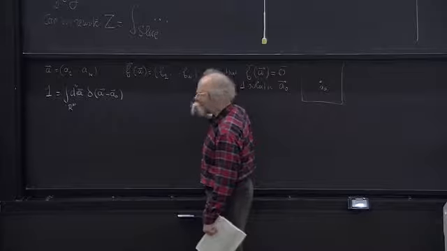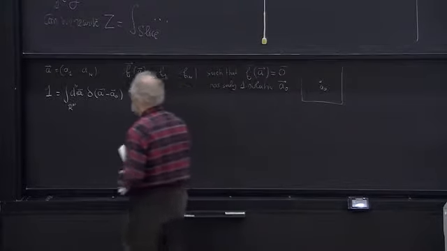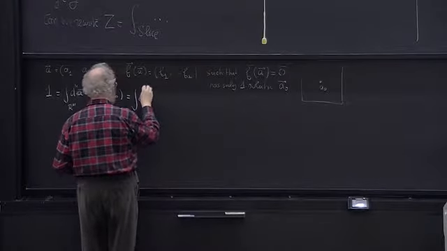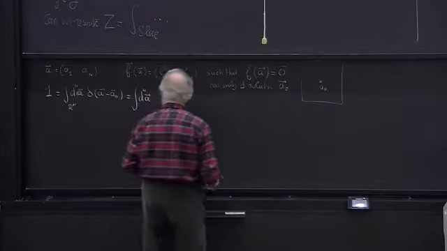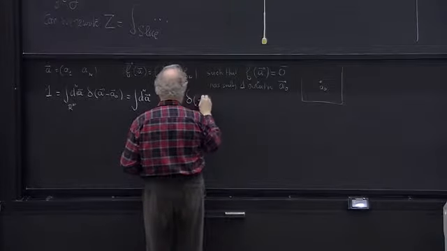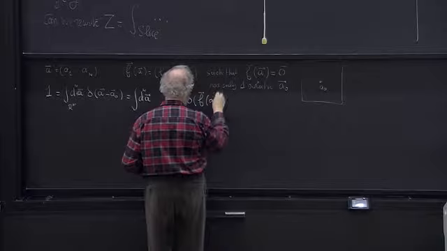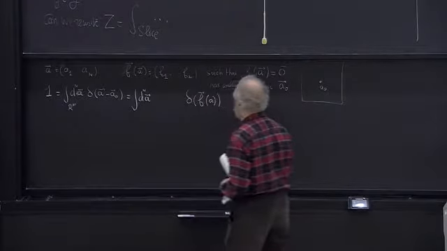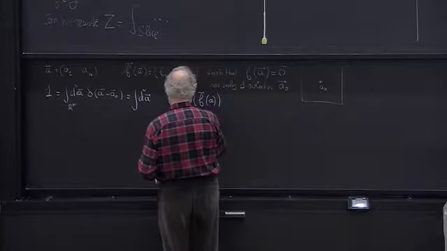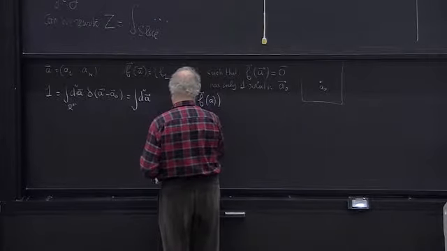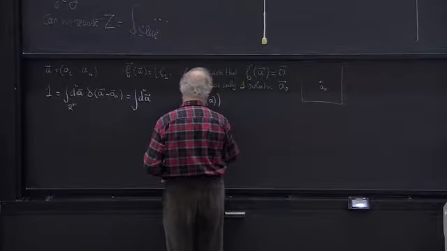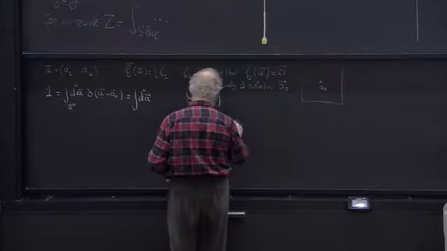Okay? So now the question is, can we write this as an integral over dA times a delta function of f of A? And delta function of f of A means simply that this is a product from i equal 1 to n of the ordinary delta function of fi of A1 to An.